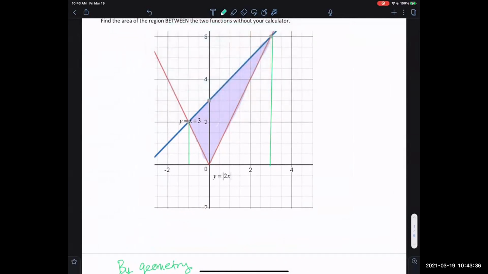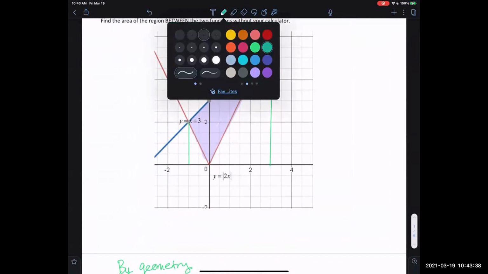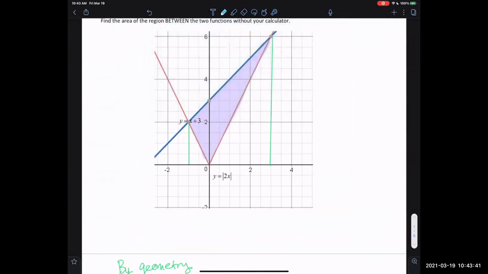We have the line graph, y equals x plus 3, and then the absolute value of 2x. Again, we don't take the integral of an absolute value function in its entirety. We would have to split it up. So this segment right here is negative 2x.